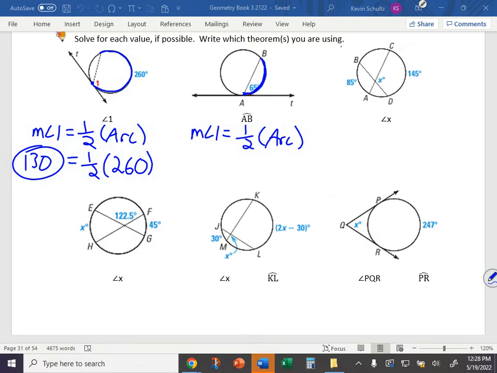In this case, it does give us letters, arc AB here, and we're given the angle, that means that 65 is half the measure of arc AB. If we're asked to find the measure of arc AB, that 65 would be half of it, so 130. If I'm going too fast, stop me, please.